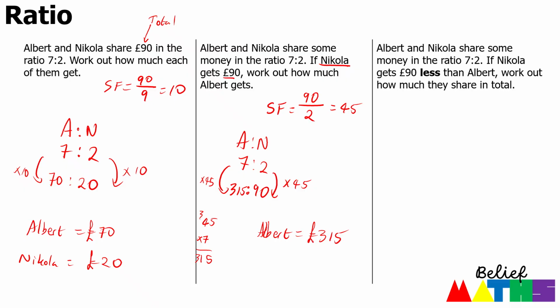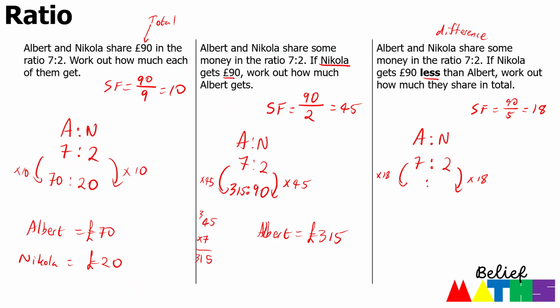Finally, same idea with the last one, but there's a different word in here which helps us, which tells us that Nicola gets £90 less than Albert. So this idea of less, if you get those words more or less, it means you're going to find the difference between them. Okay, so the scale factor then is 90 divided by 5, because we've taken the 2 away from 7, which gives us an answer of 18. And now we're multiplying both sides by 18.